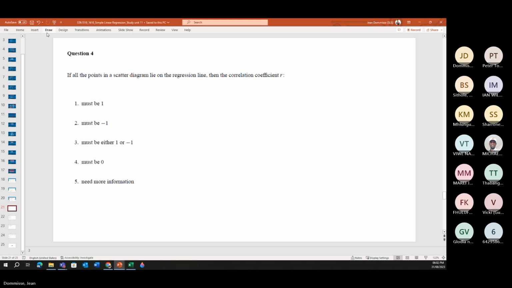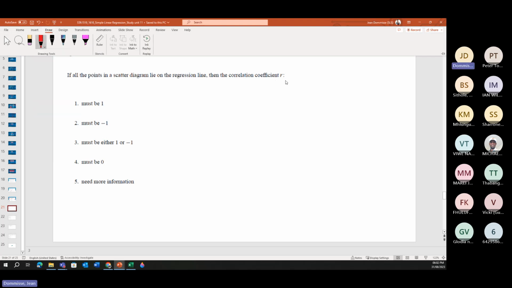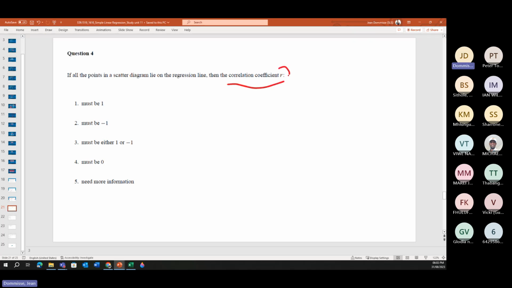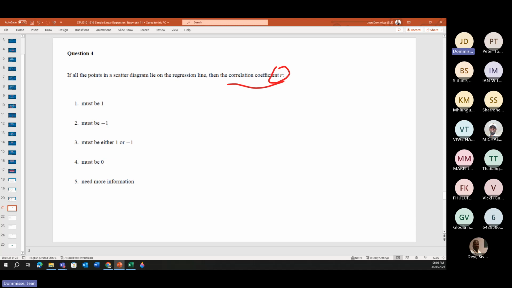Okay, so here we only need to look at the correlation coefficient R, and they ask us if all the points in a scatter diagram lie on the regression line, then the correlation coefficient R must be 1, must be -1, must be either 1 or -1, must be 0, or we need more information. Okay, so just quickly in the chat, which one would you have said is the right answer?